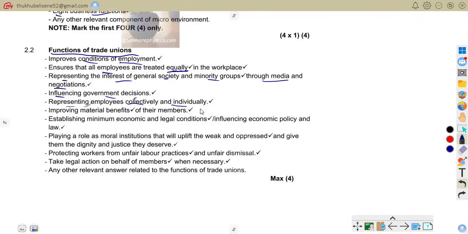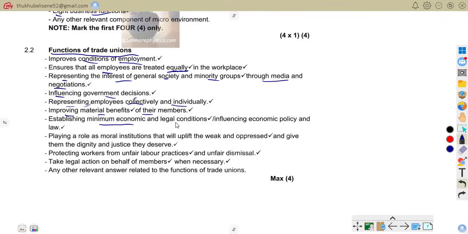Representing employees collectively and individually. So here we are talking about trade unions acting on behalf of groups of workers or a single worker in workplace issues. A union may represent a worker who was unfairly dismissed. That is that. Improving material benefits of their members. Meaning to say trade unions try to secure better wages and benefits for workers.